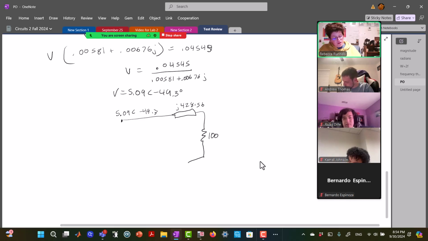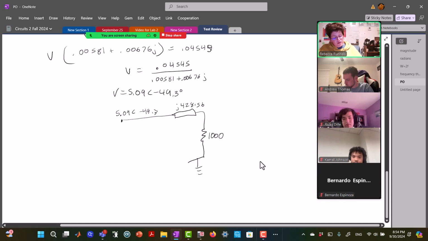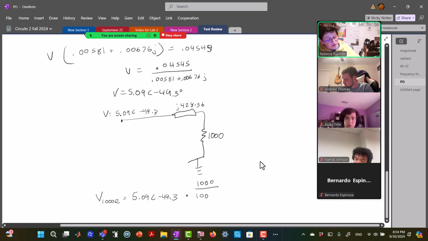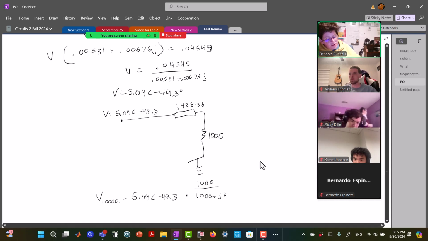And then I've got the resistor is 1000, and I've got ground right here. And so I can do voltage division. And so voltage division tells me that the voltage across the 1000 ohm resistor is going to be my total voltage, 5.09 angle negative 49.3, times 1000 over the sum of the impedances, 1000 plus J 428.56.